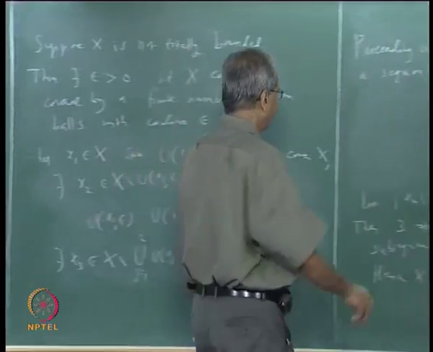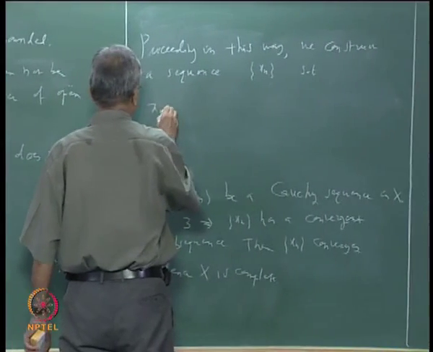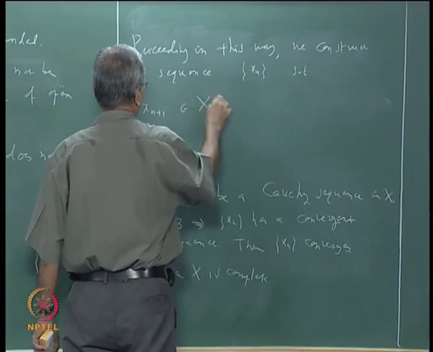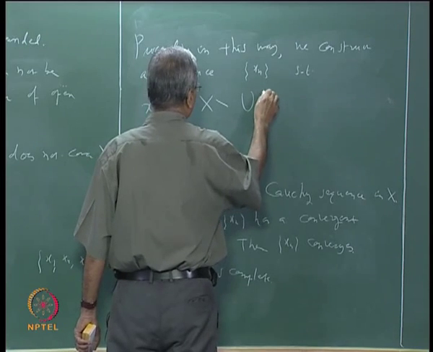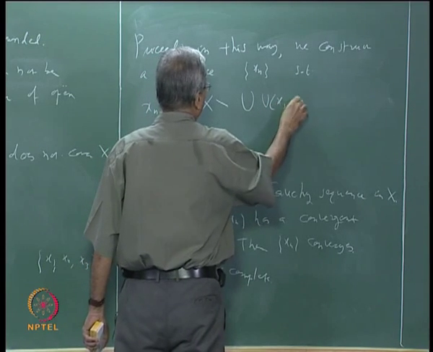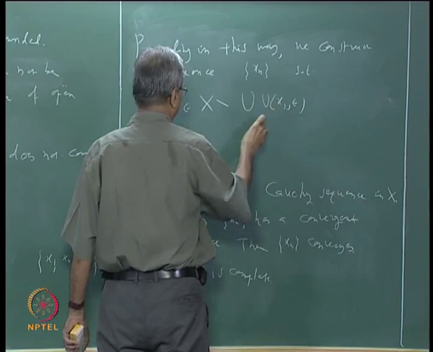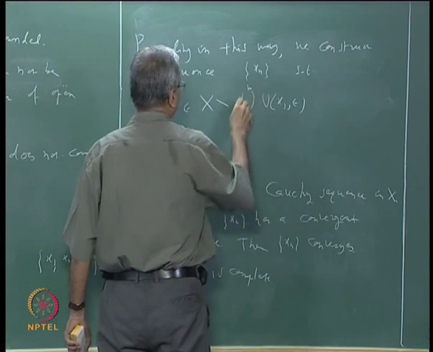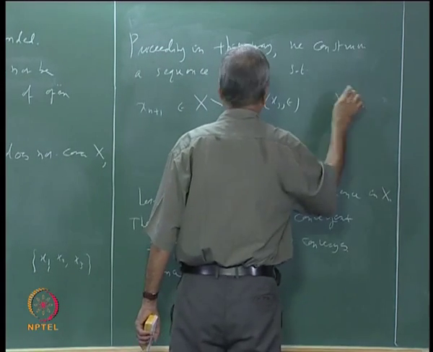Let me write that: x_{n+1} belongs to X minus the union of open balls with center at x_j, radius epsilon, j going from 1 to n, and this happens for all n.